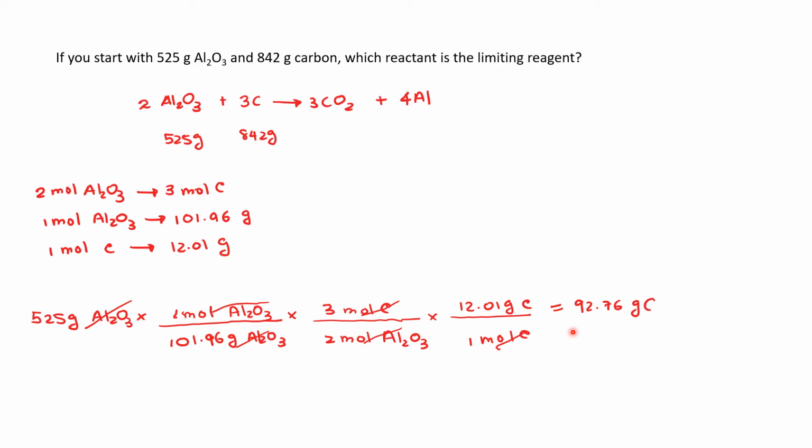So the answer to this question is 92.76 grams of carbon are needed to react with 525 grams of aluminum oxide. However, we have 842 grams of carbon. That means we have excess, which makes the aluminum oxide to be limiting.